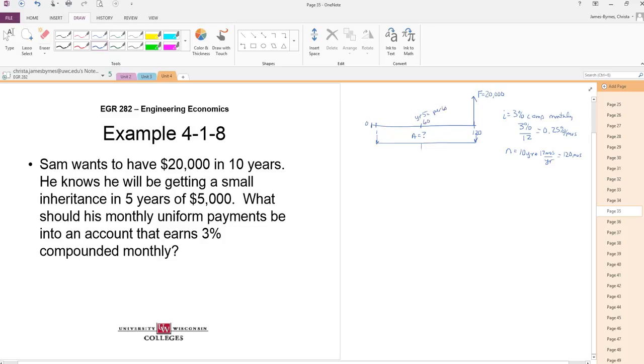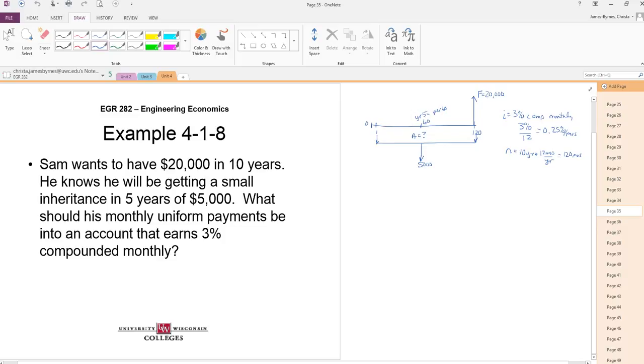So we know at the 60th period, he's going to throw $5,000 in there. So there's our cash flow. He's going to start putting money in next month, put money in every month for 10 years. But in year 5, period 60, boom, he's going to put $5,000 in.